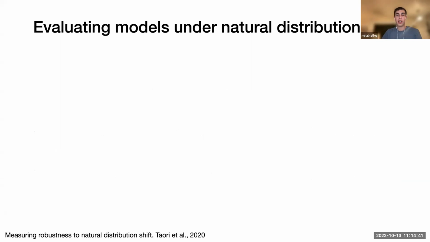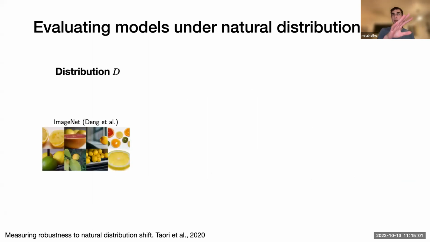To get started, we're going to talk a little bit about how we evaluate models under natural distribution shift. Again, this is probably review for many people, but in case not, we'll go through it. So how do we evaluate models under natural distribution shift? There's recently been interest beyond evaluating a model on just the target distribution on which it is fine-tuned or trained.